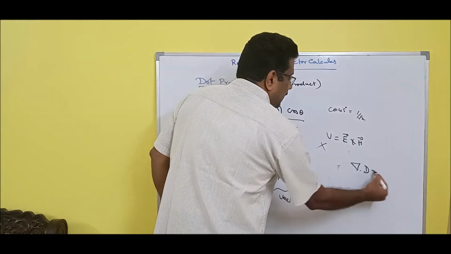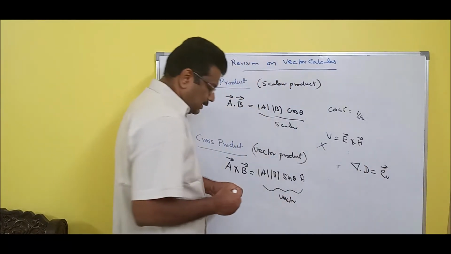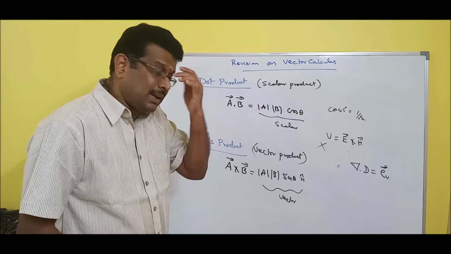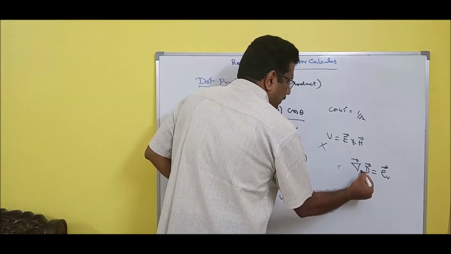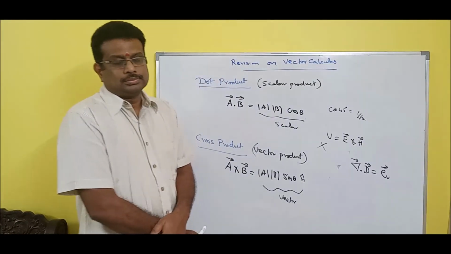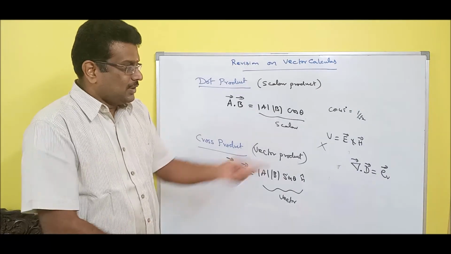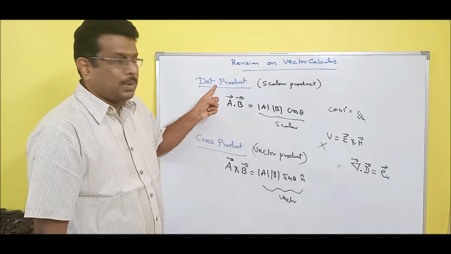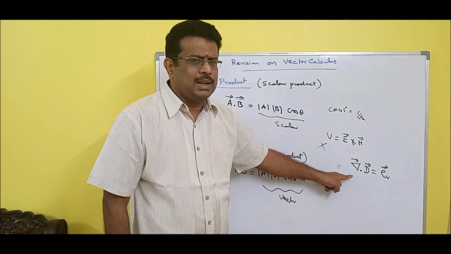Del dot D equal to rho V. It is one formula, later we will derive. Del is a vector, D is a vector. Like this. Can you please say whether it is right or wrong? Good. It is wrong. Reason. Which product? Dot product, between two vectors. Del, what is this symbol del? We will discuss later.